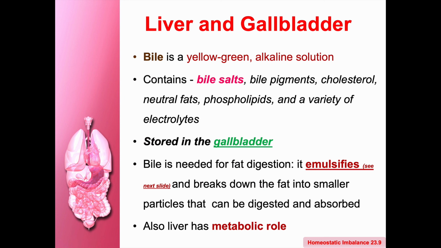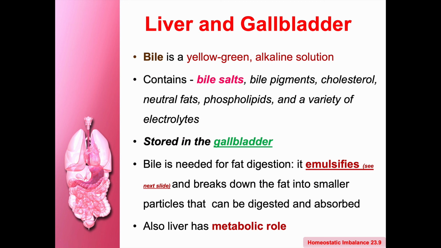Heme will be changed into bile pigment, and that bile pigment is filtered in the liver. If the hepatic duct is blocked, the bile pigment stays in the blood and the eye mucosa becomes yellow in color. That's what we call jaundice.